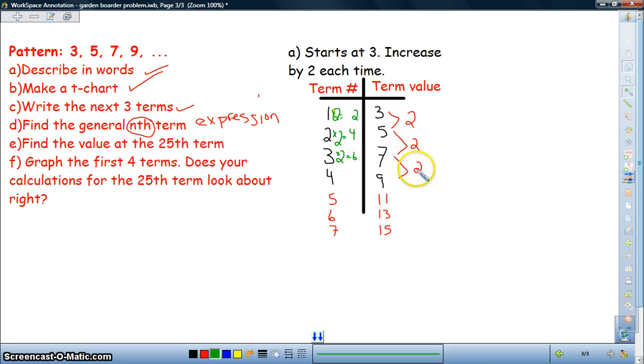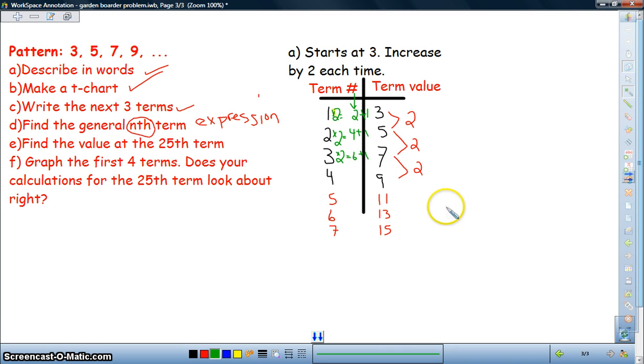Now that I've used these multiples of 2, I now look at how close my new numbers are to my actual value. Well, if I increase this by 1, I get 3. If I increase this by 1, I get 5. And if I increase this one by 1, I get 7.